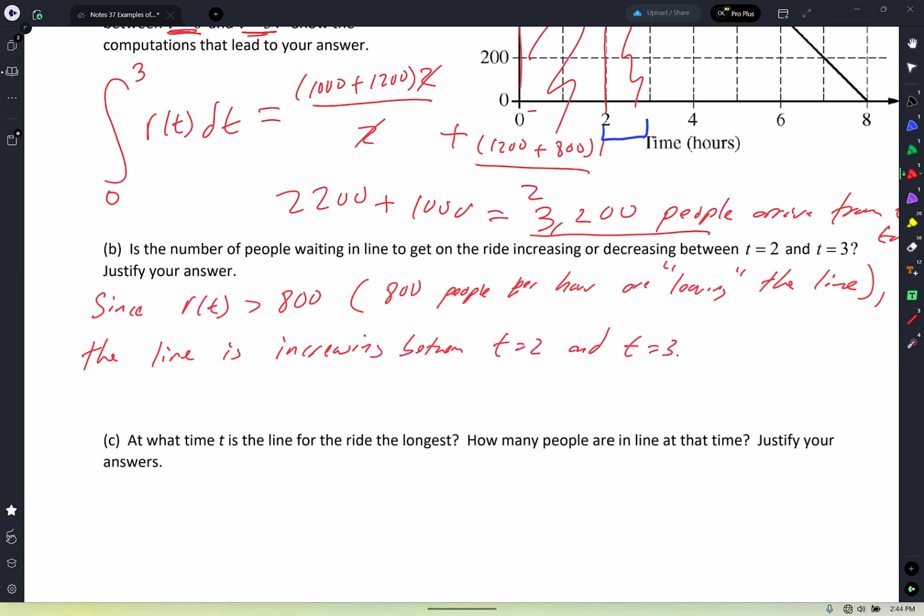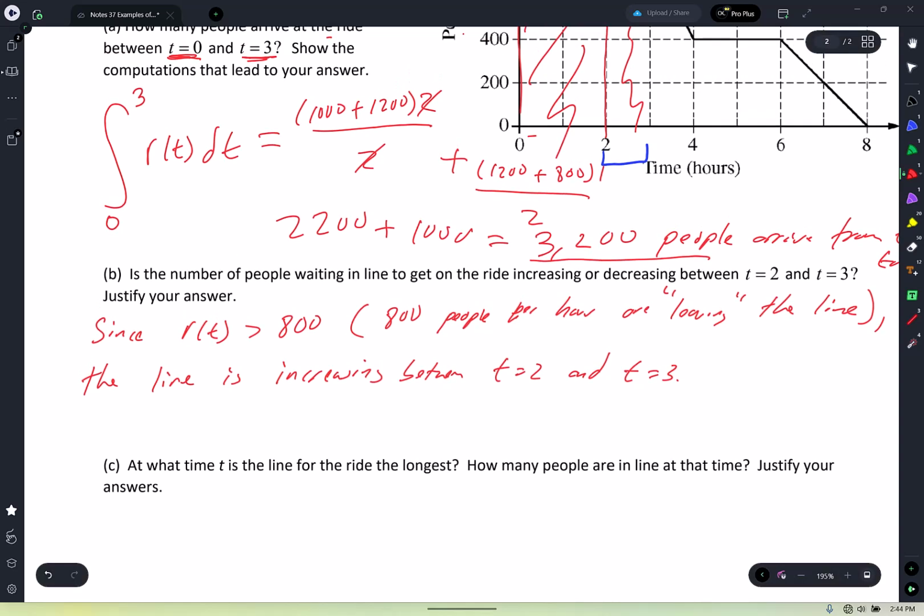Let me see if all that made sense in English. Since R of t is greater than 800, and then in parentheses, I told them what it is: 800 people per hour are leaving the line because they're entering the roller coaster or the ride, whatever it is. The line is increasing between t equals 2 and t equals 3.